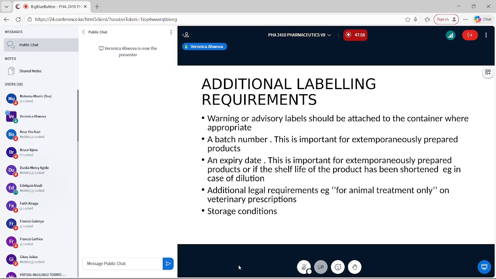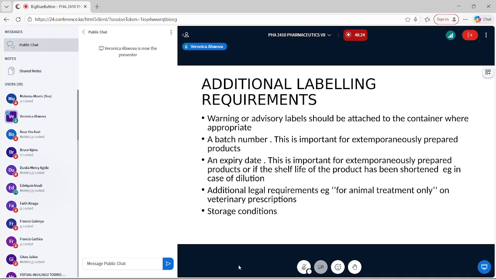And usually what the manufacturer will say, once opened, it should be used within a month. Okay, because that is the period the manufacturer can assure you that this product will remain viable and it will remain free of contamination. If you go beyond 1 month, you may actually use a contaminated product, okay?